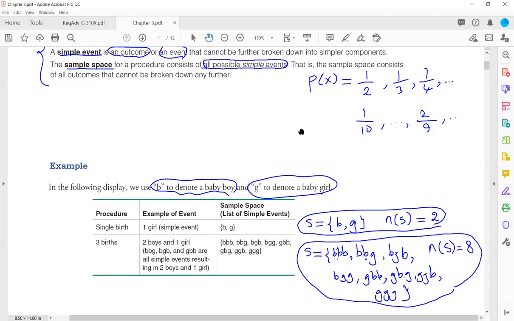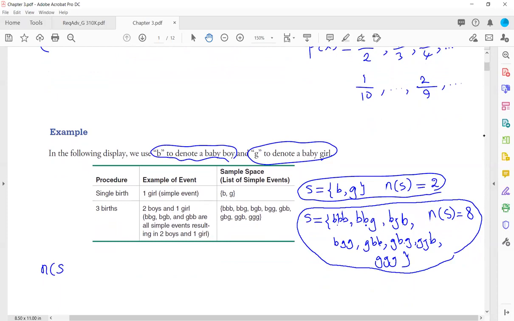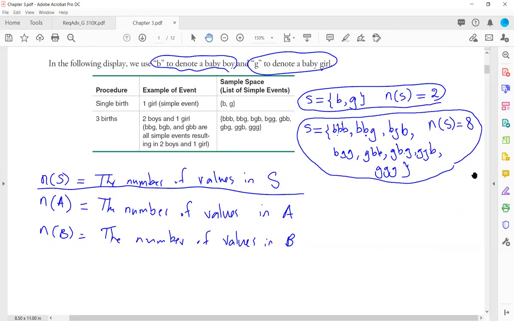You can denote it by N of S, the number of values in set S. If you write N of A, it means that you're counting the number of values in set A. We can have many different sets. Let us move on to the next page.